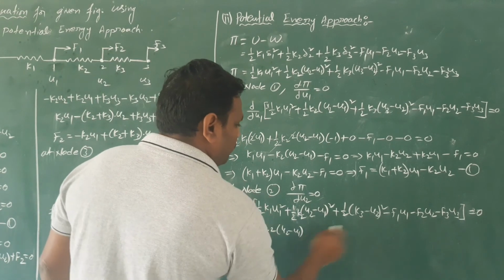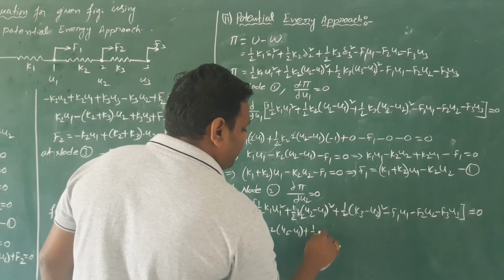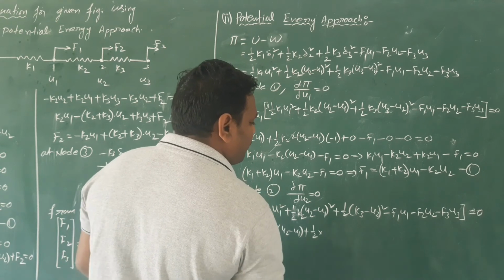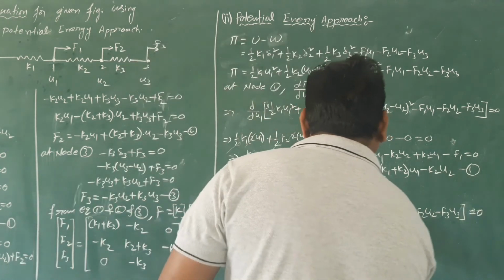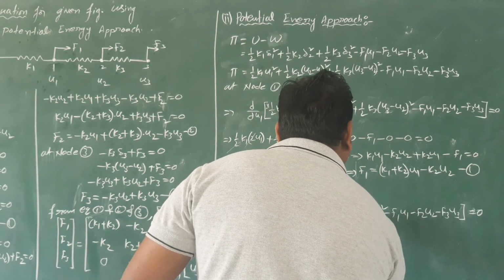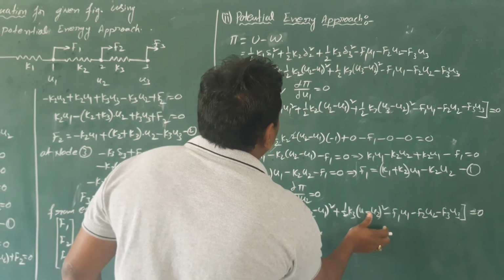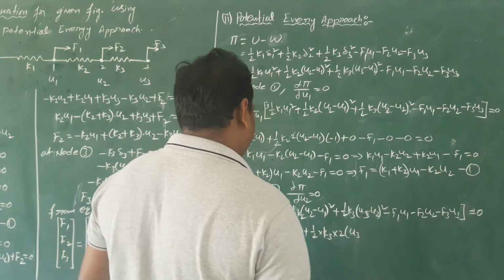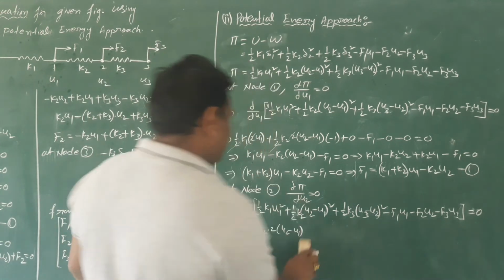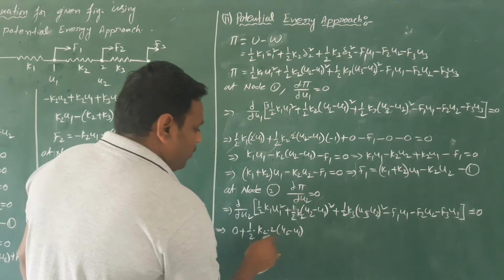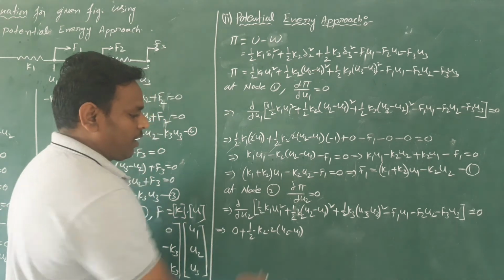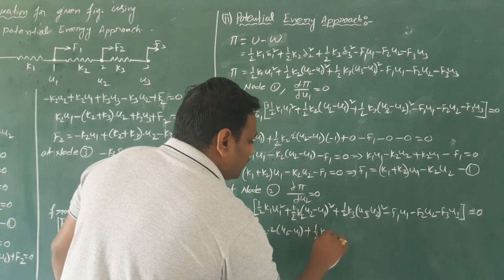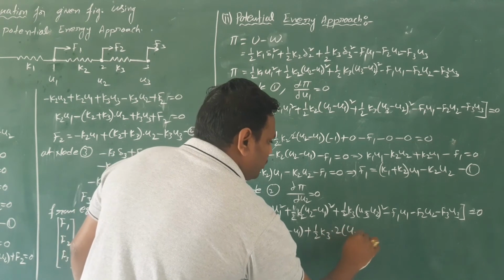Next, here also U2 is there, plus 1/2 into K3 into 2 into (U3 minus U2).